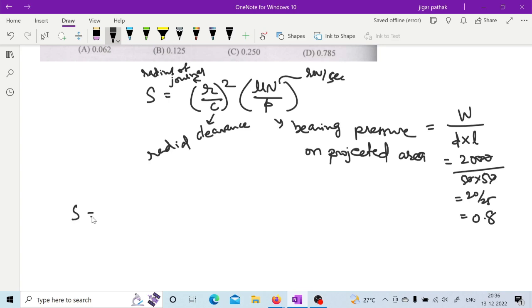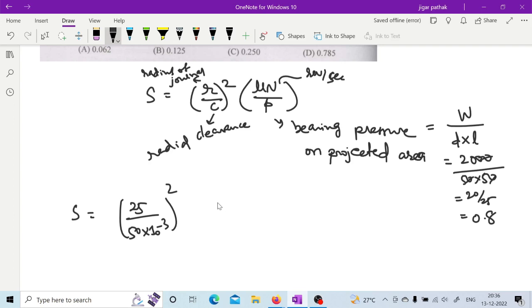So now S is equal to 25 by radial clearance, which is 50 microns. If we convert it into mm, then it is 10 raised to minus 3. So this whole square, into mu n by p, right?